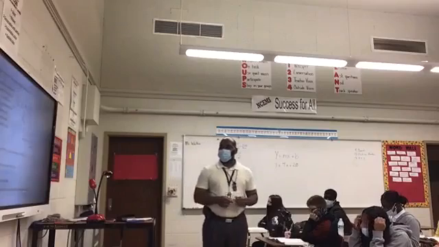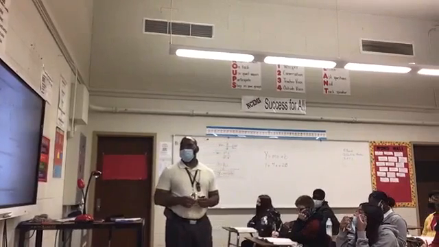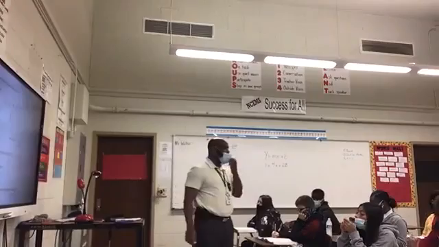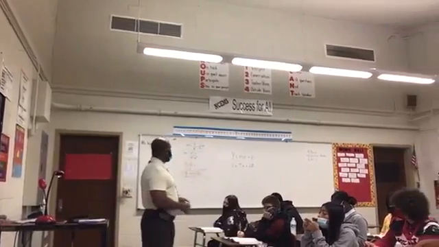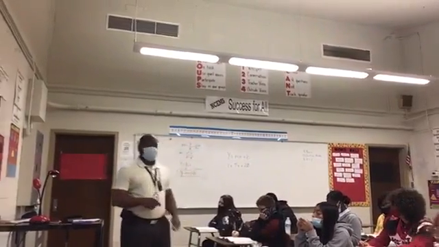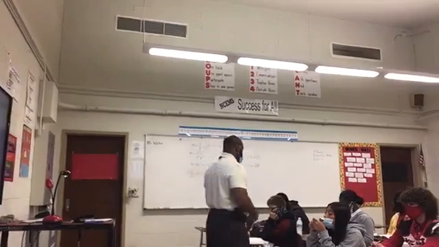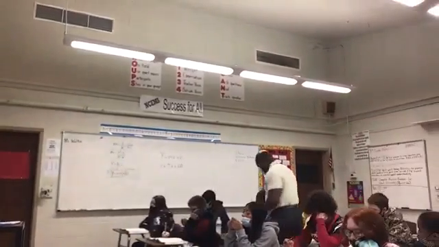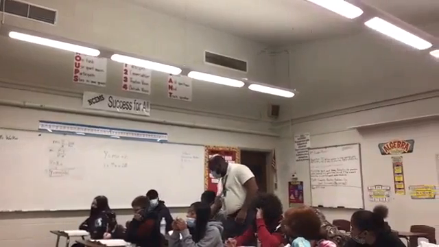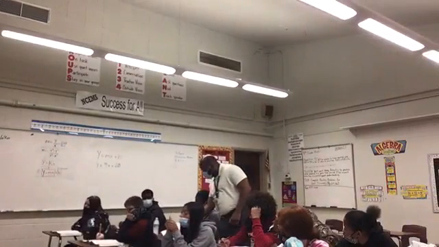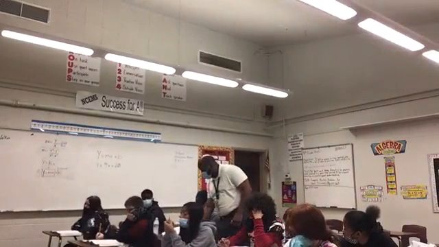Now, if Pryor buys 3 comic books, how much money will she have remaining? Shane, what are we going to do with that number 3? Will we put it in for the x? There you go.